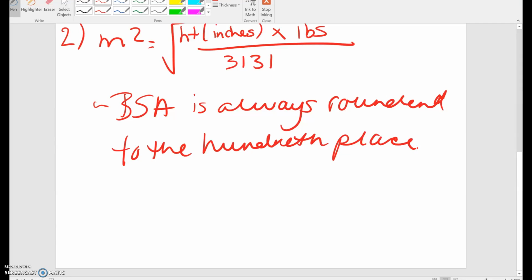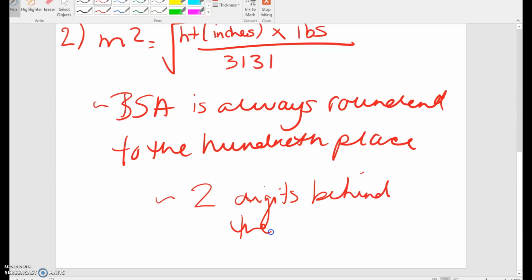So when you plug everything into your calculator and get the square root, your final answer should be to the what? To the 100th place, which is 2 digits behind the decimal. This is very important because this will change your answer when you're determining the dose order.